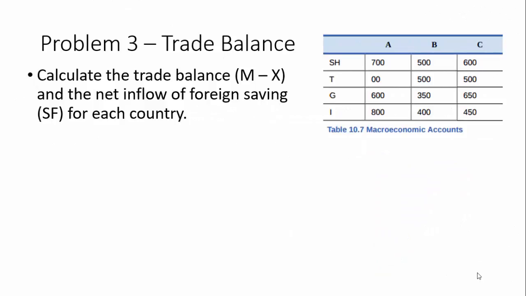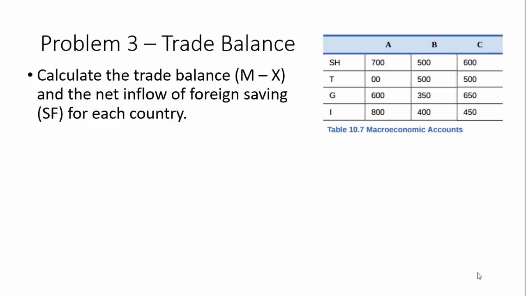So the main idea of this problem is we're trying to get at the trade balance. The trade balance is the imports minus the exports, right? So we want to know how much we're borrowing from the rest of the world financially as we do our trade.